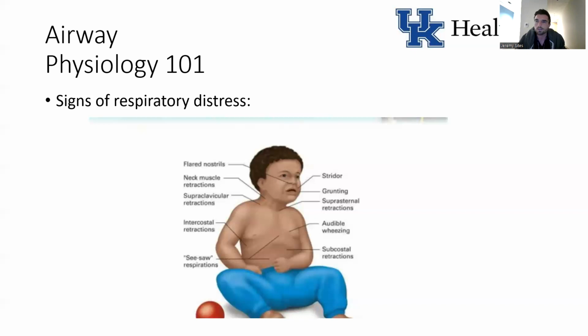We'll see that in the videos and the slides to come. And then finally, seesaw respirations, really a sign of impending respiratory failure when the work of breathing is so severe that the chest and torso is literally heaving. Not listed here, but I think also an important one to remember is head bobbing, where the head is moving to and fro with each breath, also a sign of severe respiratory distress.